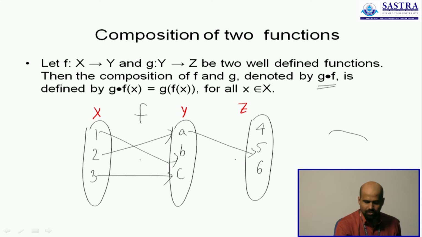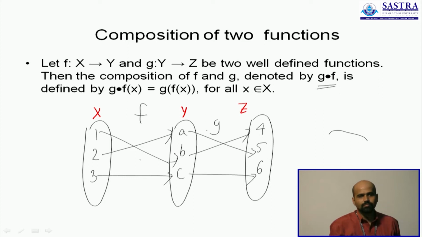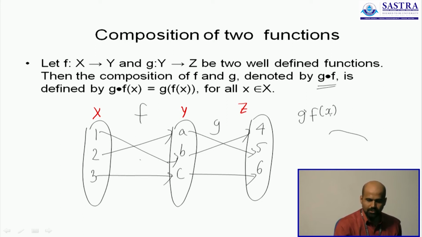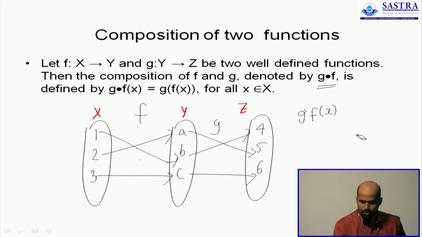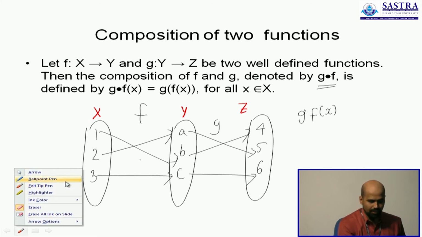And let's define function g. Let this be about g. Now how do you define the composition of the function g of f of x? Now g of f of x is what you call the composition, and this is how it is defined.